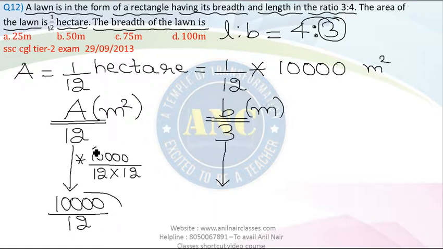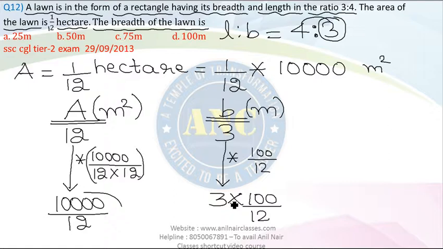That means multiplying factor should be square root of that value. 10,000 square root is 100. 12 into 12 square root is 12. That means breadth is 3 into 100 divided by 12. 3 into 1, 3 into 4. 4 into 1, 4 into 25. Breadth is nothing but 25 meters, which is nothing but option A.